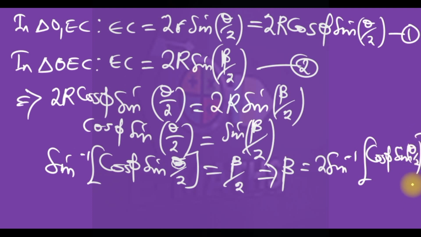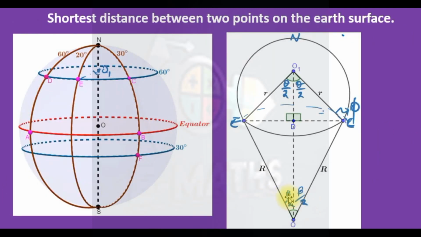So this is now our angular difference. Therefore, we've gotten this angle, so we'll find our normal distance, which is the distance along this longitude, this length of arc.